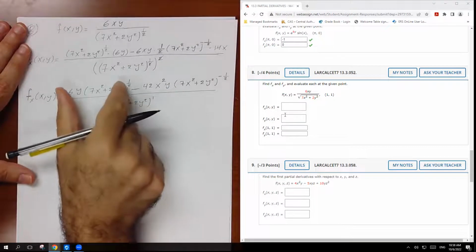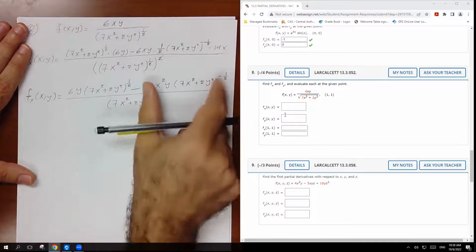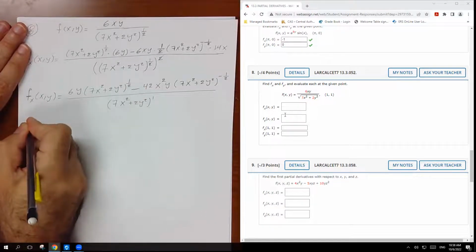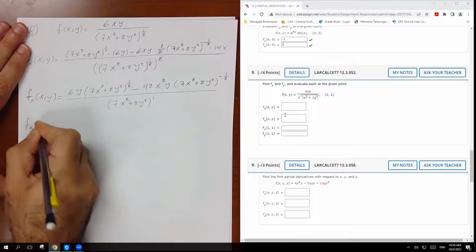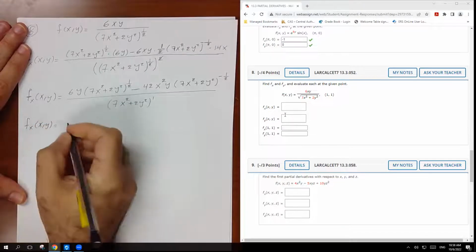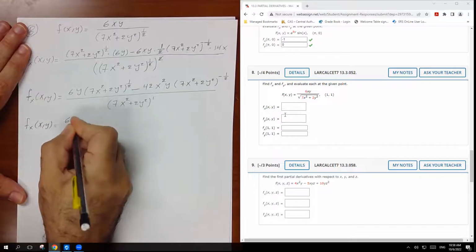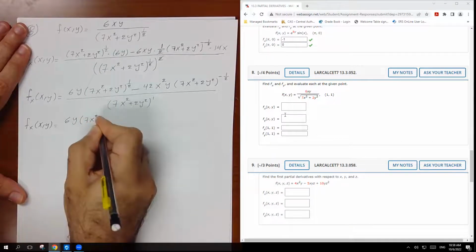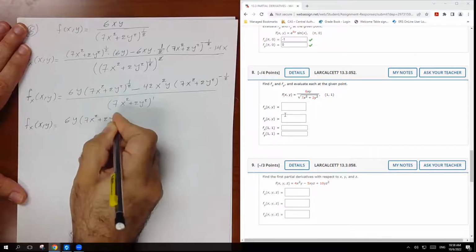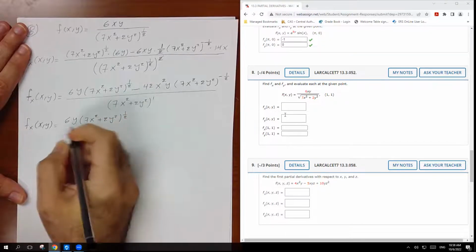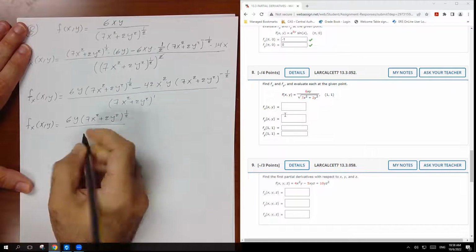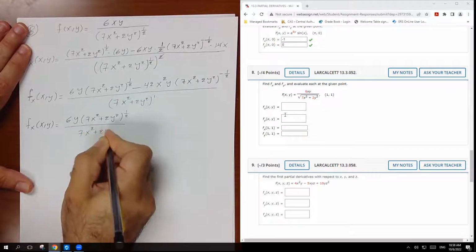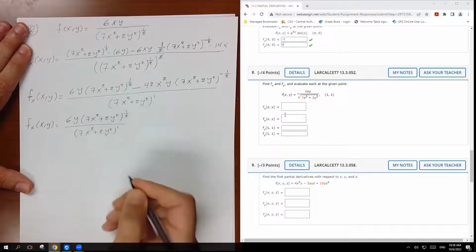What I'm going to do is write down this over 1 and this one over 1. So on this side, f sub x of x, y is going to be 6y times (7x squared plus 2y squared) to the half, and everything is divided by 7x squared plus 2y squared to the 1.